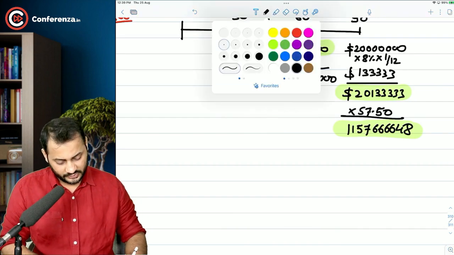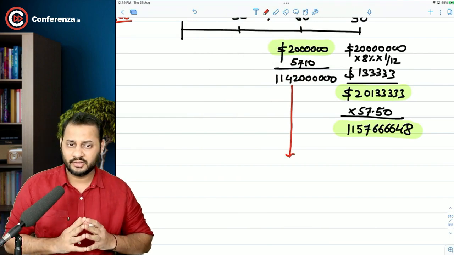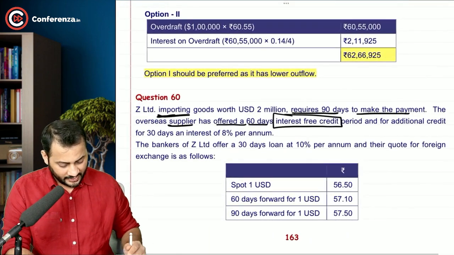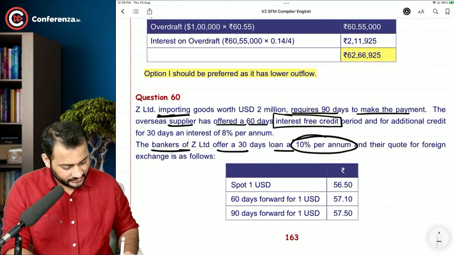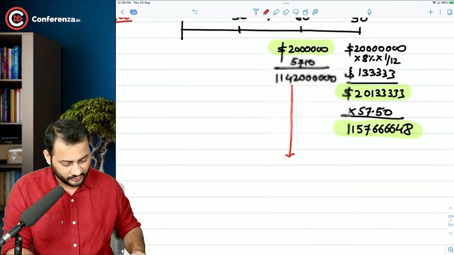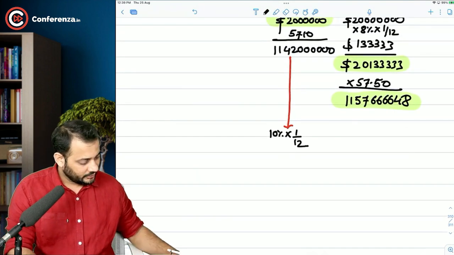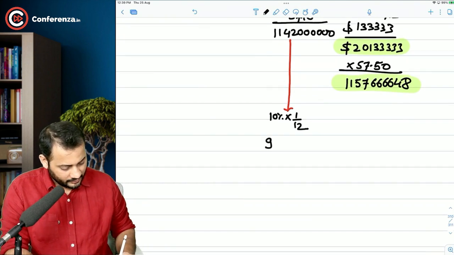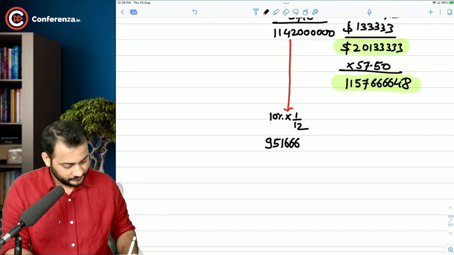But what will happen to the first case? You will borrow this amount, 114 crore, for 1 month, and the interest on that has to be paid. Bankers are offering the loan at 10% per annum, so 10% for 1 month. Let's calculate. 10% into 1 by 12. The interest cost will be 114 crore 20 lakhs into 10% divided by 12, which goes to 95,1666.